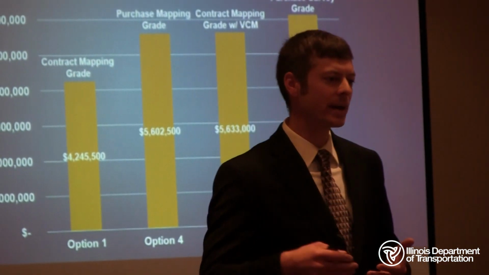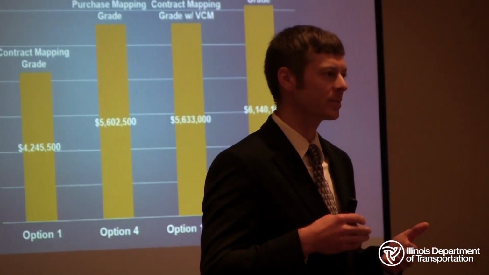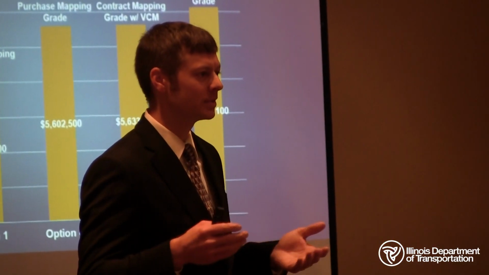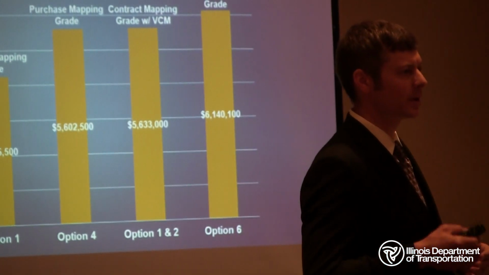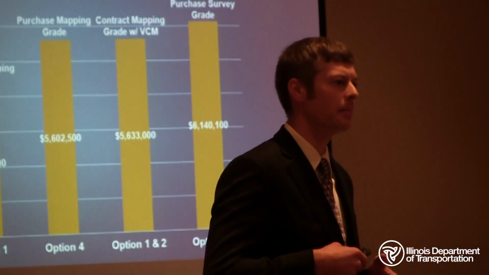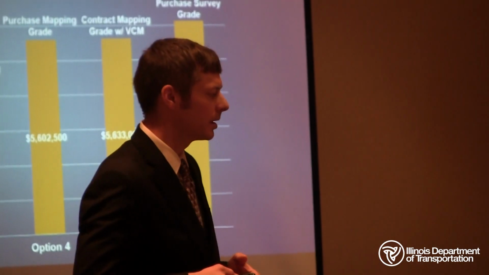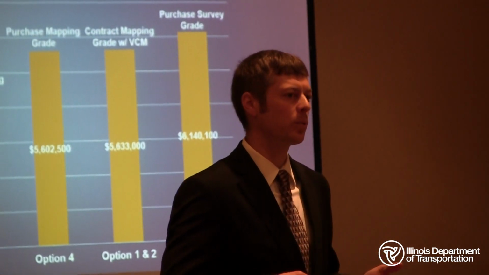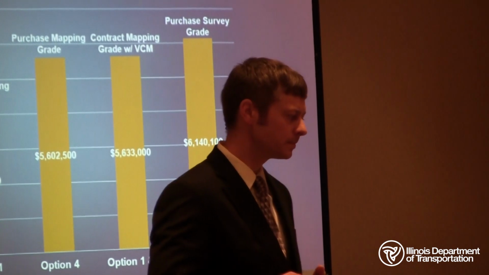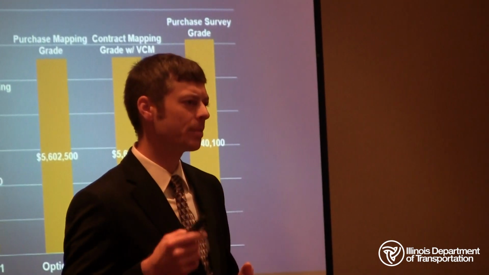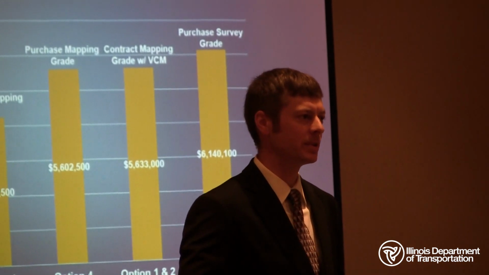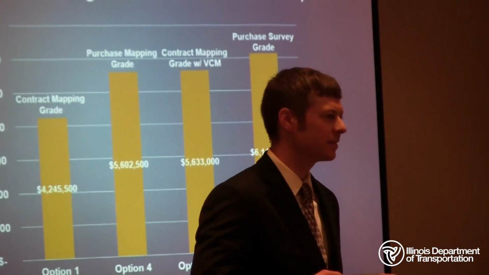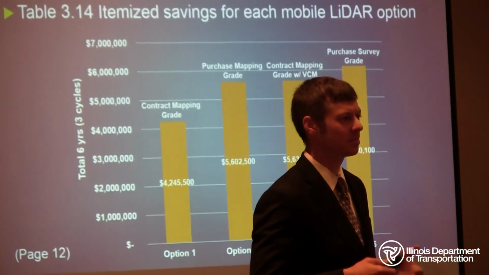They then subtracted out the cost of the mobile LiDAR options, and they were left with a potential savings for each option. So looking at option 1 again, which was contracting the mapping grade mobile LiDAR, they could realize a potential $4.2 million in savings. Compare that to option 4 again, which was purchasing and operating the mapping grade system internally. That could realize $5.6 million in potential savings.